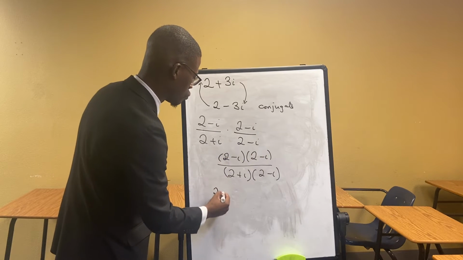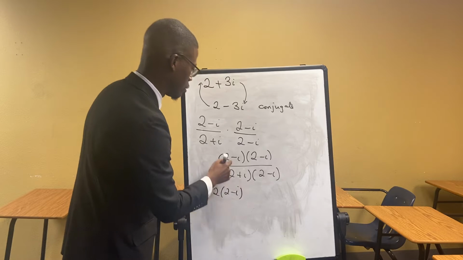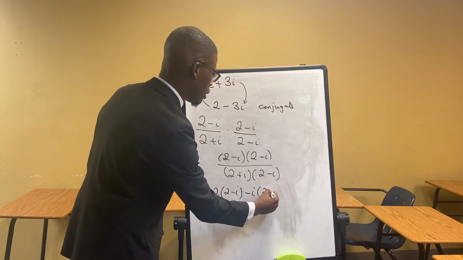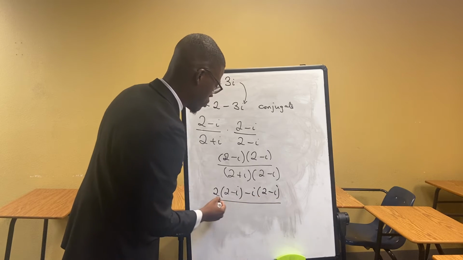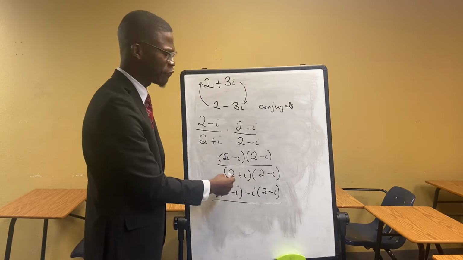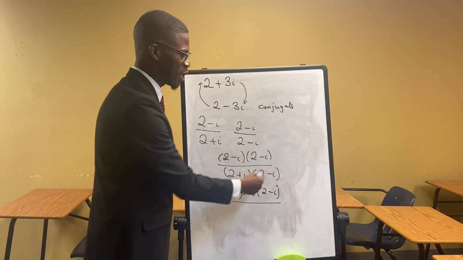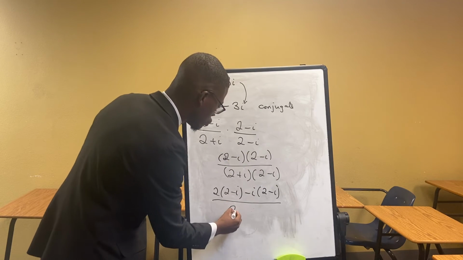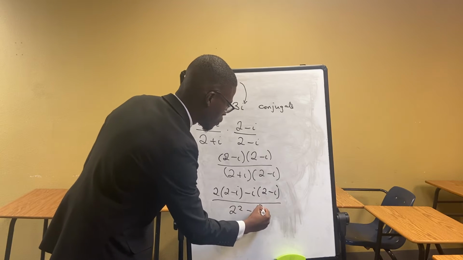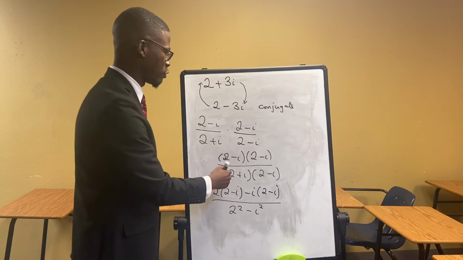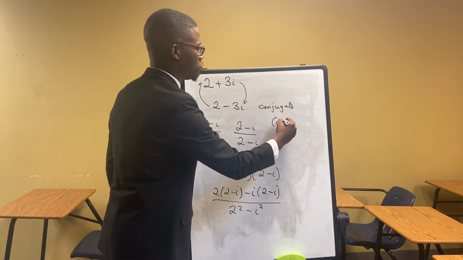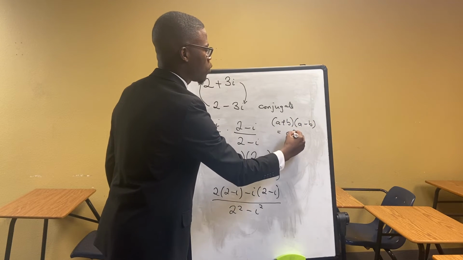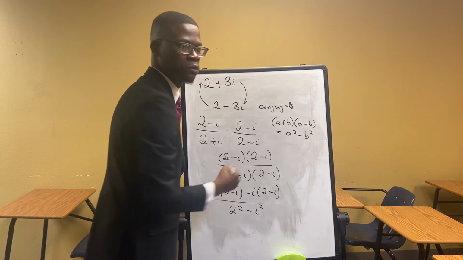So we have 2 minus i, this multiplies the whole of this, minus i, 2 minus i, divided by, now when you have 2 plus i, 2 minus i, this is called the difference of two squares. So it's the same thing as saying 2 squared minus i squared. When you have a plus b, a minus b, it is the same as a squared minus b squared.